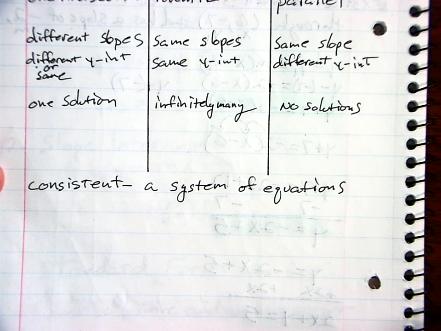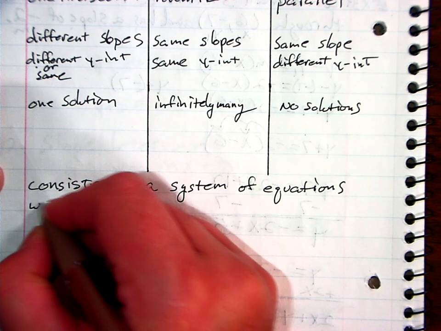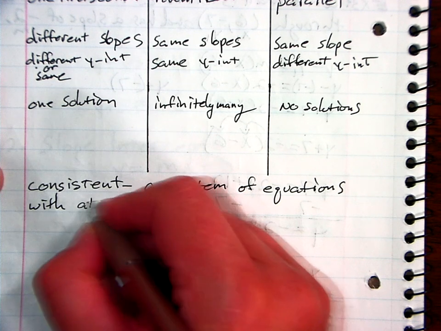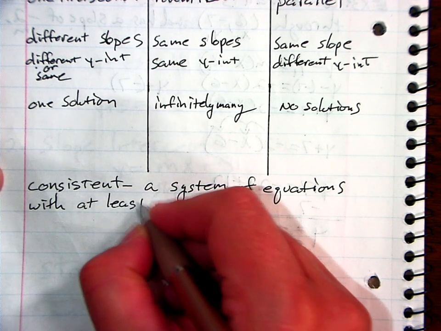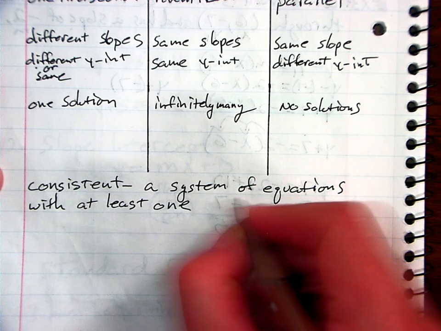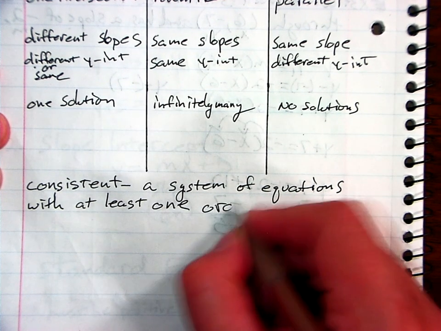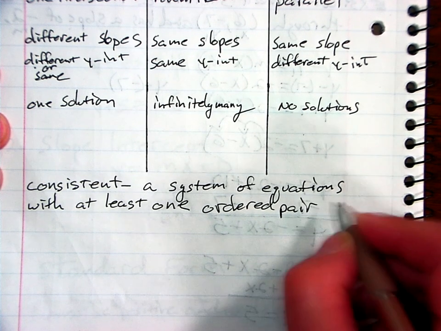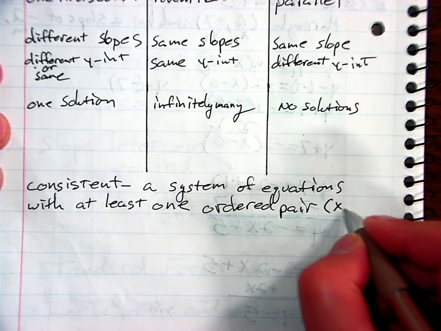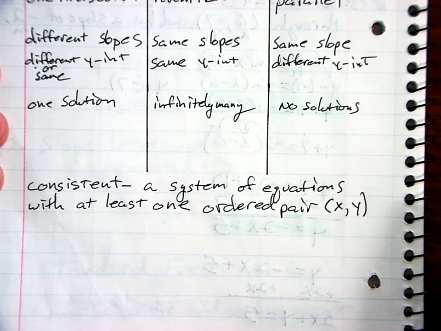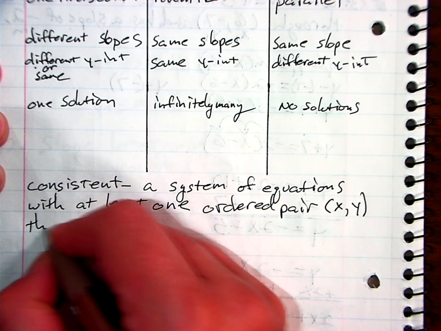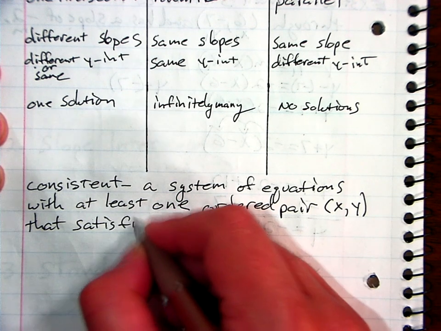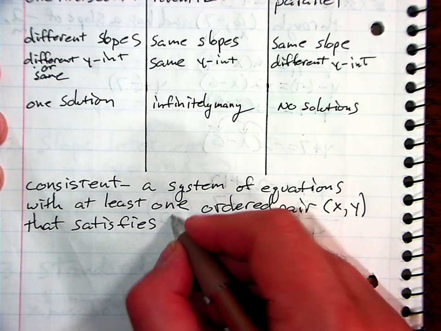A system of equations with at least one ordered pair. What do I mean by ordered pair? A coordinate, x and y. Very good. That satisfies both equations.